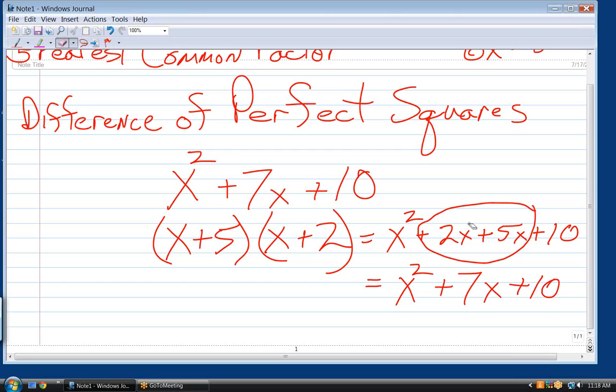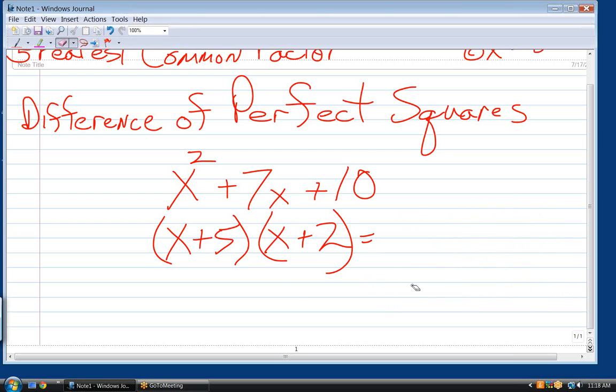So, what we're doing when we're factoring is unmultiplying. We have to make sure that in the end, this times this is equal to this. So let's go through the steps at doing this. And this is a relatively simple quadratic.